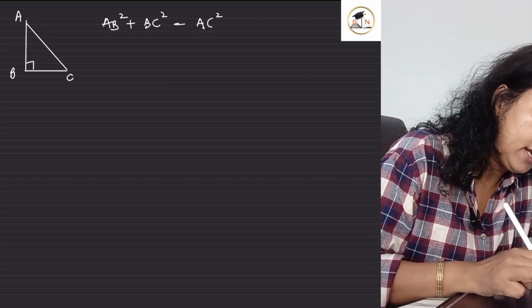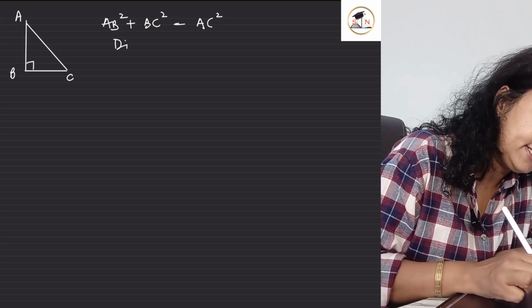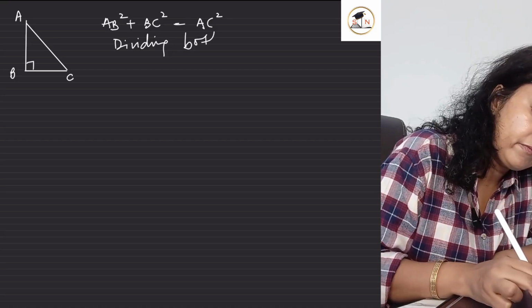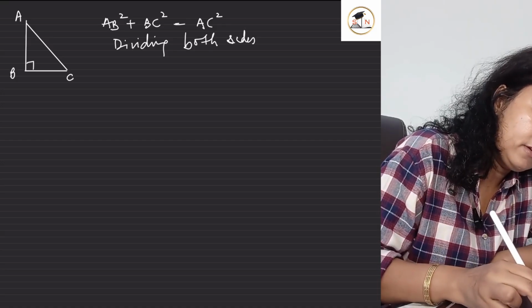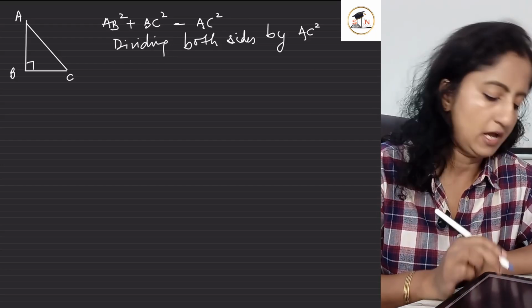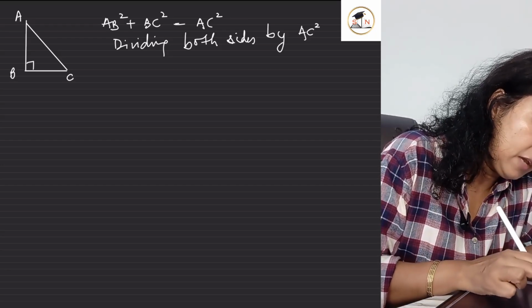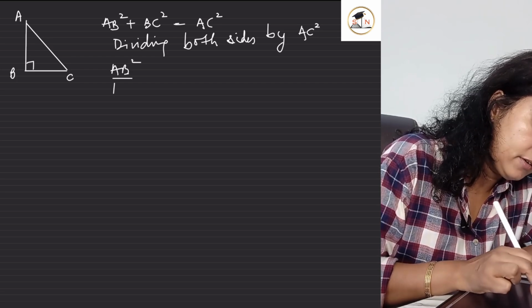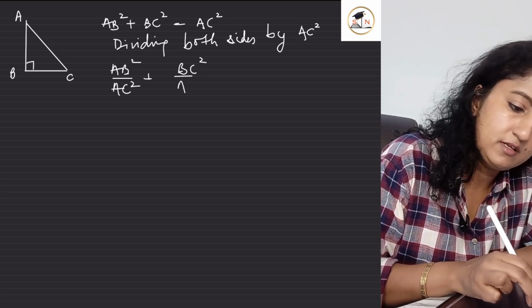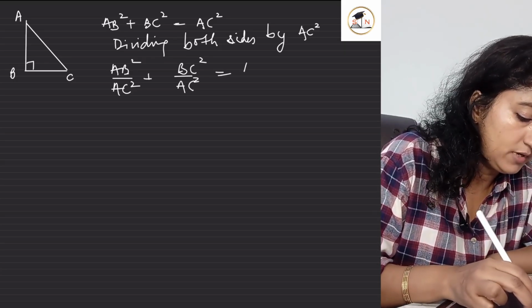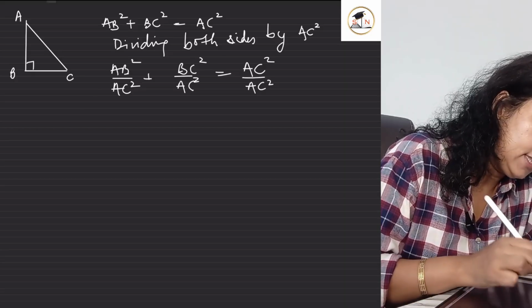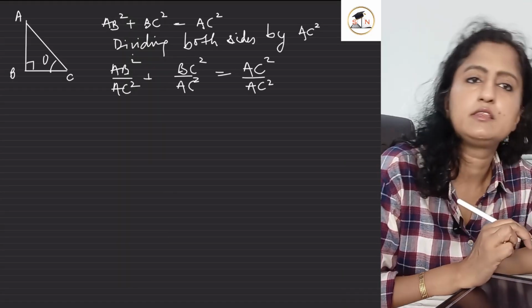Now, over here, I'm dividing both sides by AC square. That is, I'm dividing by hypotenuse. So what we get? AB square by AC square plus BC square by AC square equals AC square by AC square.